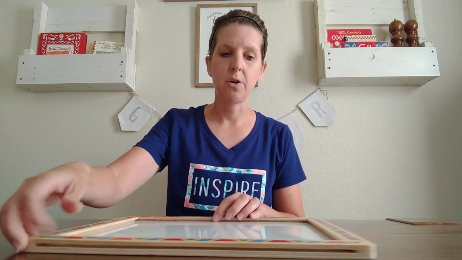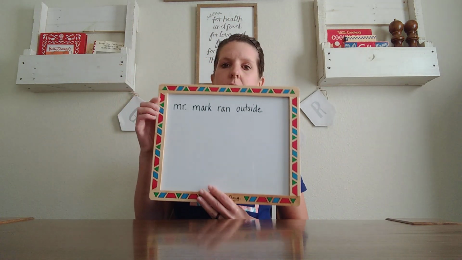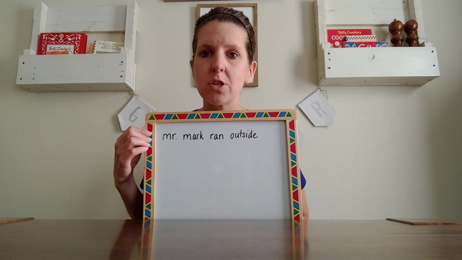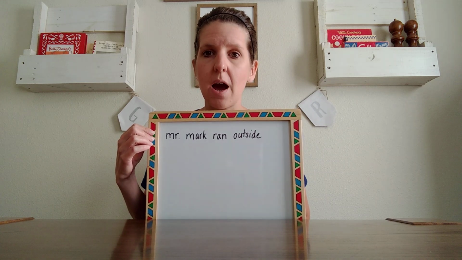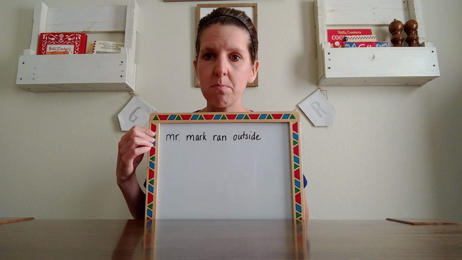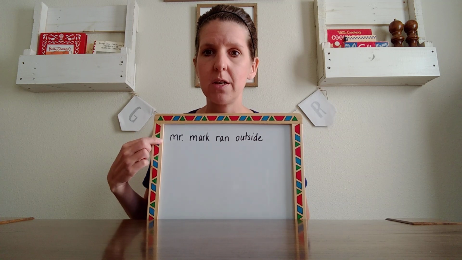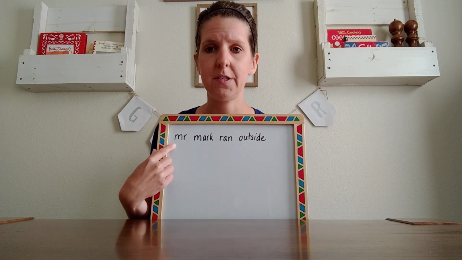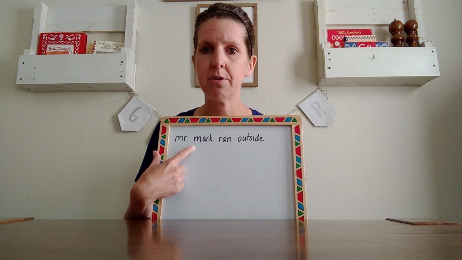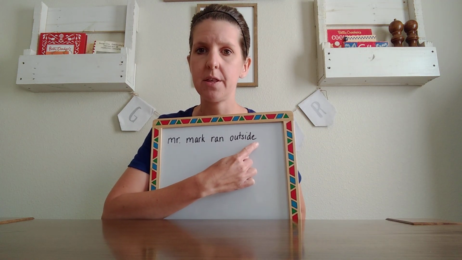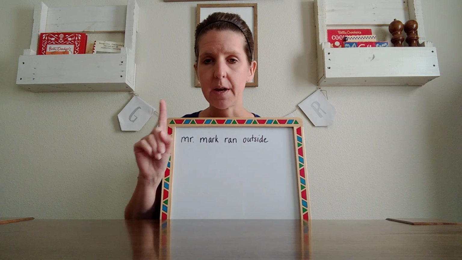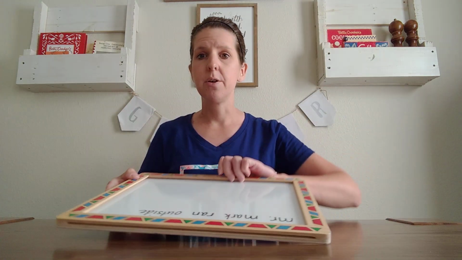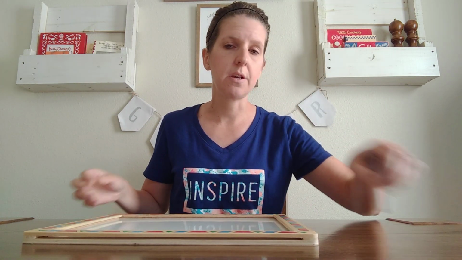Okay? So I have a sentence that I wrote that says, Mr. Mark ran outside. Mr. Mark ran outside. Now, if you'll notice, I have an abbreviation here for Mr., but it needs to be fixed. I have something here that needs to be fixed, and I don't have anything over here at the end. So step 1 is that I'm going to write it properly, fixing my mistakes.